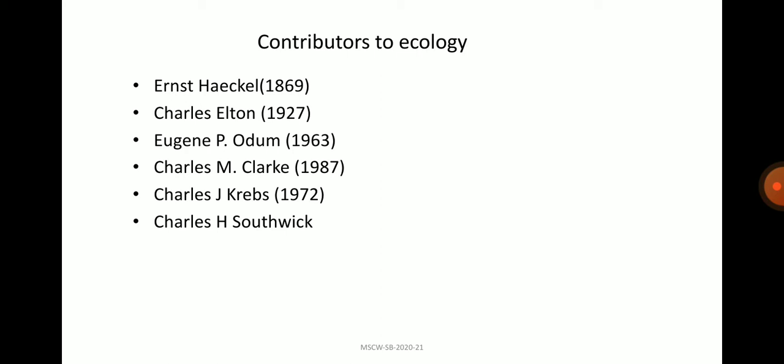Eugene P. Odum, 1963, defined ecology as the study of structure and function in nature, while Charles M. Clarke, 1987, defined ecology as the study of ecosystems or their physical surroundings. Charles J. Krebs, 1972, defined ecology as the scientific study of interactions that determine the distribution and abundance of organisms.